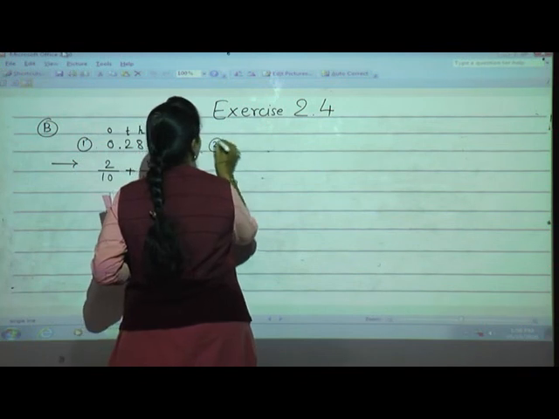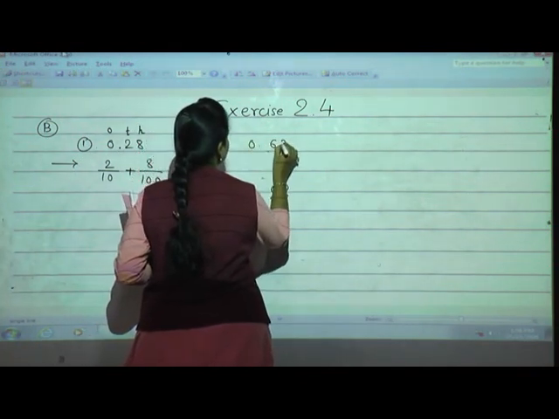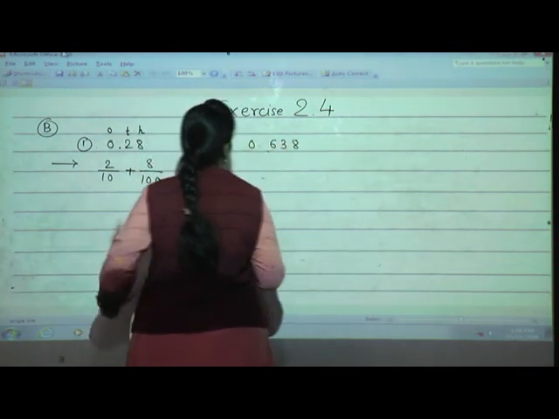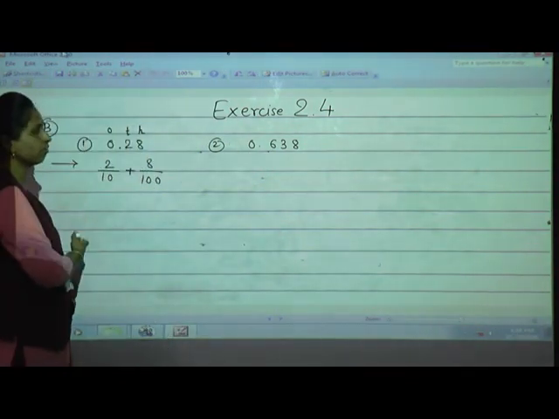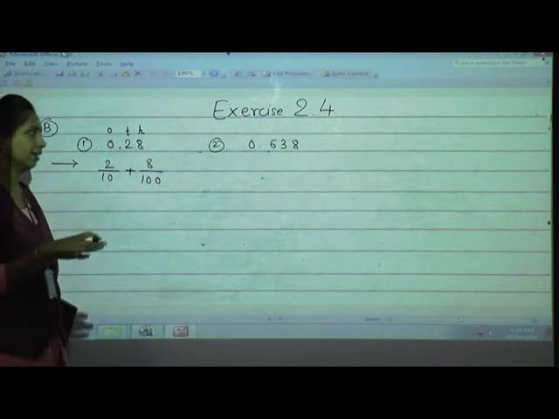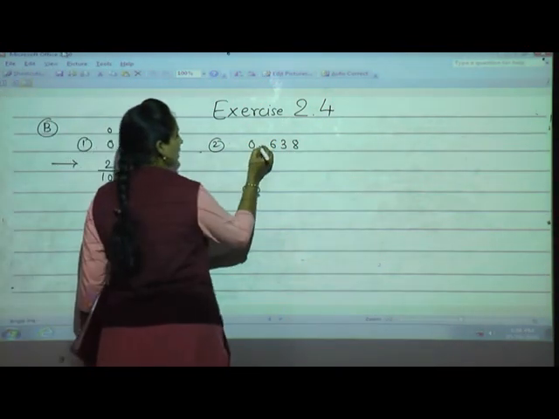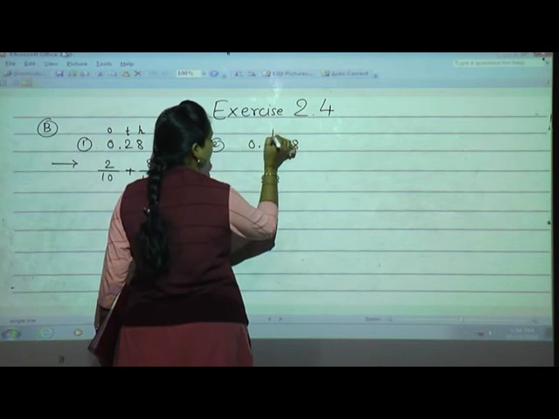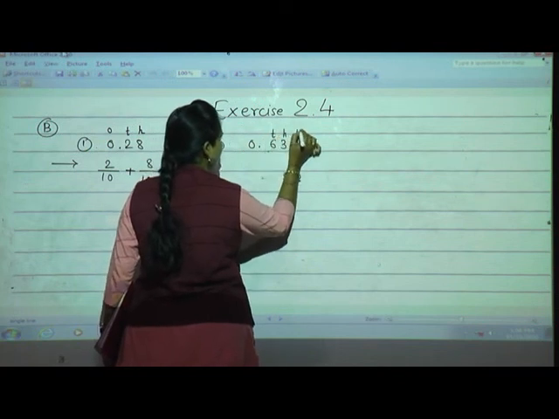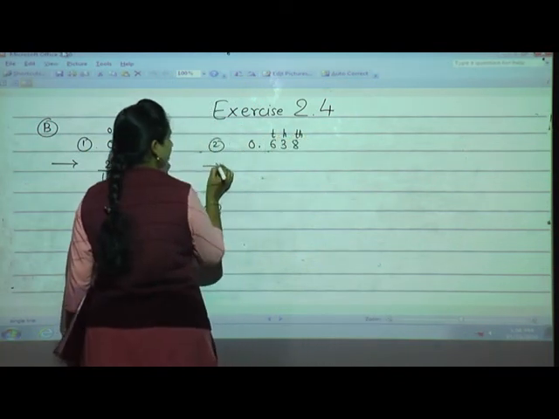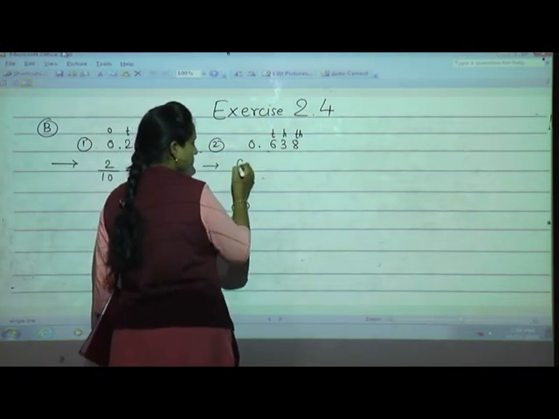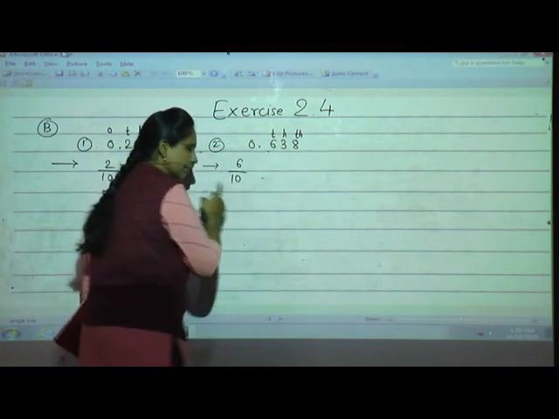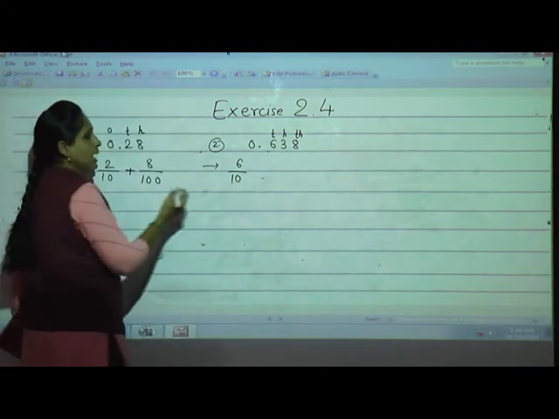Second one. What is the second one? 0.638. Now see, here again 0 is there before the decimal, so no need to give the place value of ones, tens, hundreds. Now I'll give the place value after the decimal point: tenths, hundredths and thousandths. Okay? Now see what is there in tenths place? 6. So how we write? 6 tenths, isn't it?